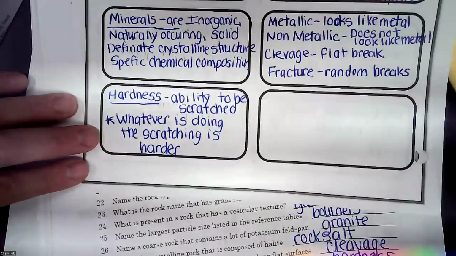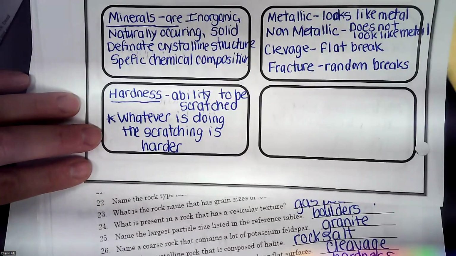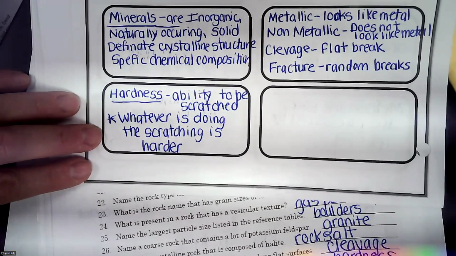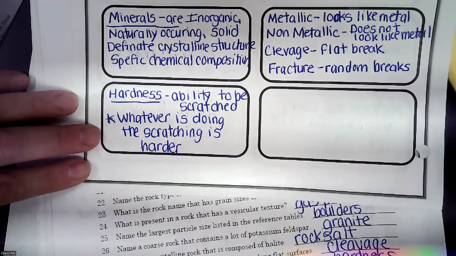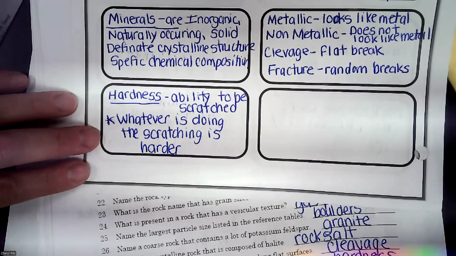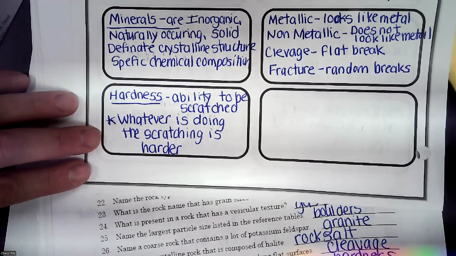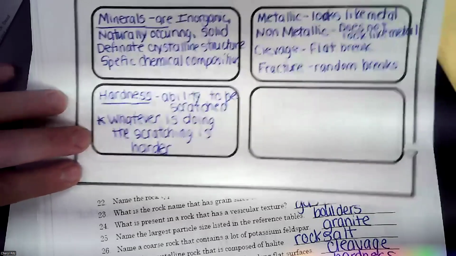If my fingernail can scratch a mineral, then my fingernail's harder than the mineral. If a mineral can scratch glass, then the mineral is harder than the glass. If it can't, it's weaker.